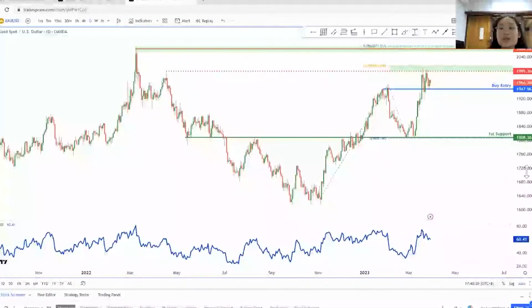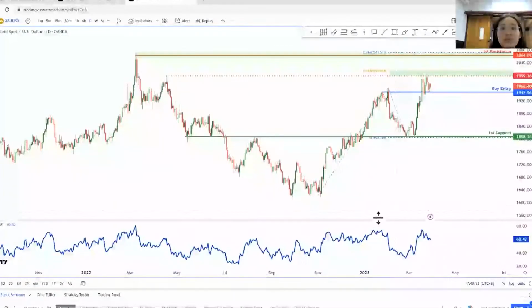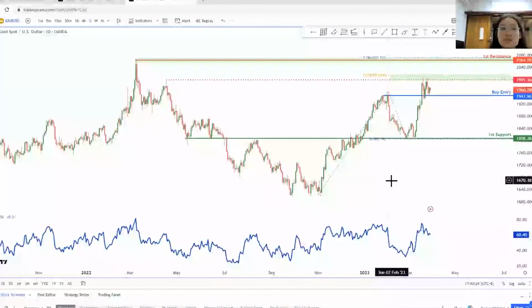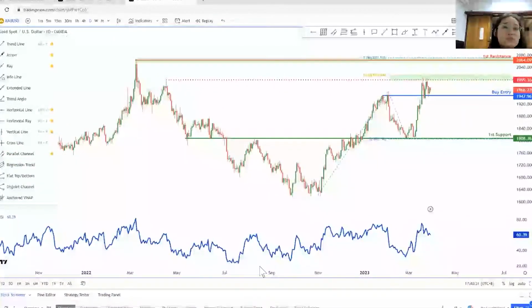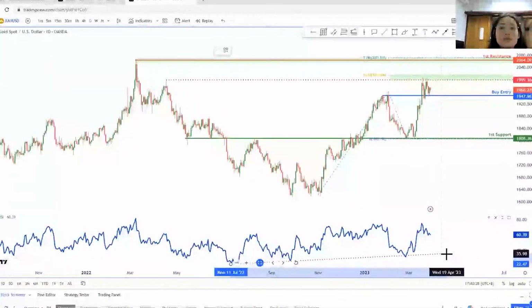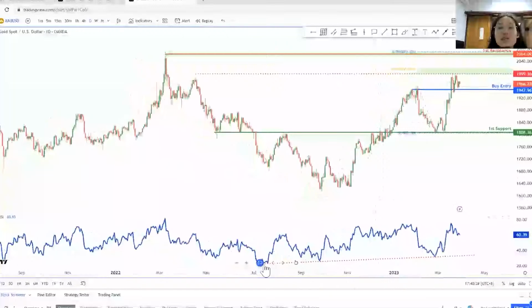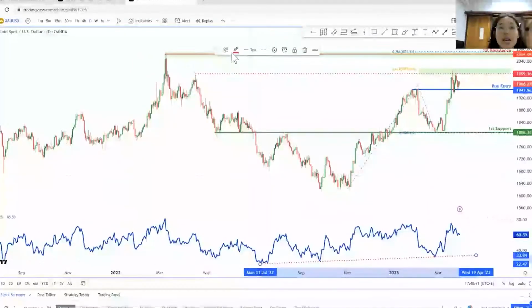Okay, so here is our RSI chart. So when you have your RSI, the first thing we're going to look out for would be the general direction of price. So here I have an ascending trend line for my RSI.